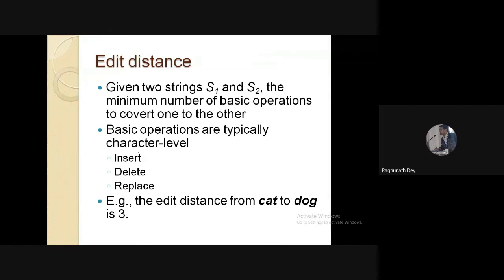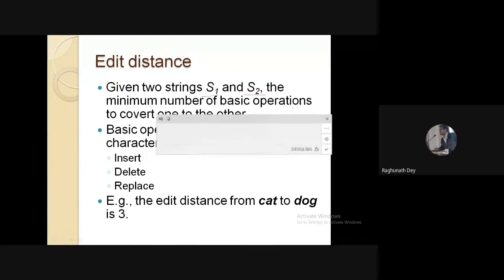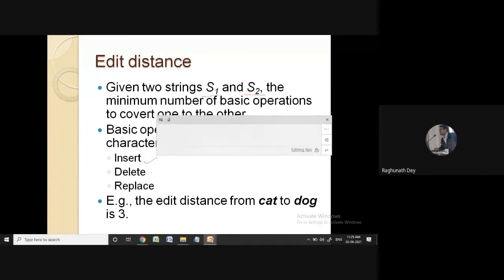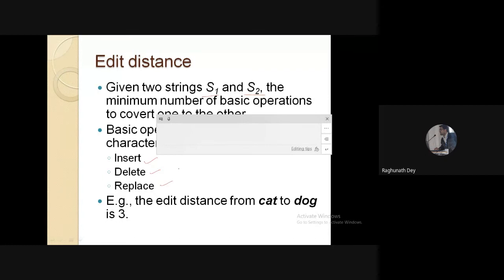So edit distance helps you compare two strings. How can this comparison be done? With the help of some basic operations: insertion, deletion, and replacement.